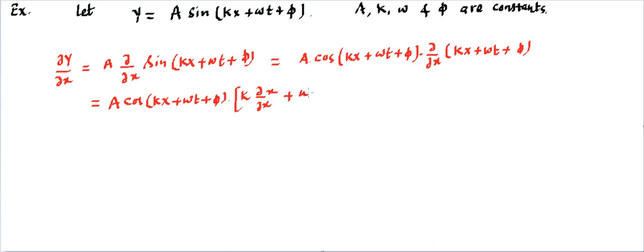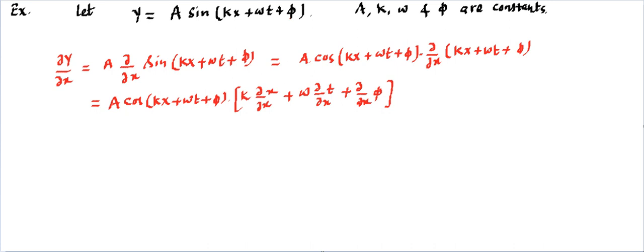In the second, omega will come out, and we will differentiate t partially with respect to x, and this will be del upon del x of phi. Now as per the rule, the one variable with respect to which we are differentiating is the only variable, and other variables are treated as constants.